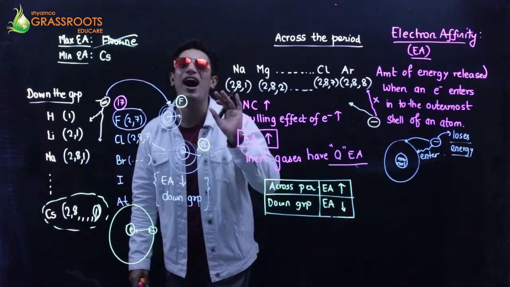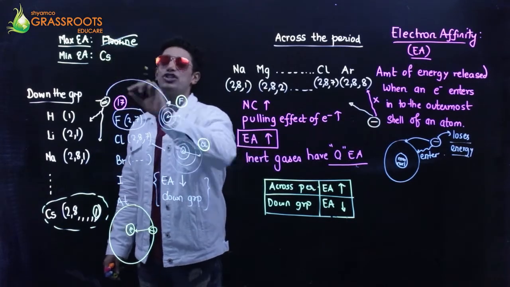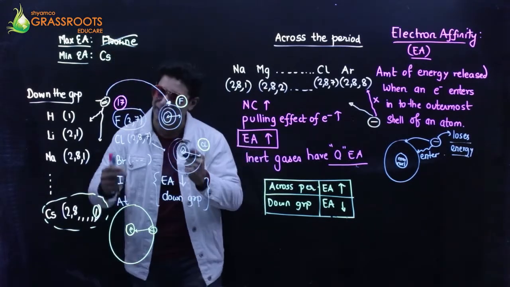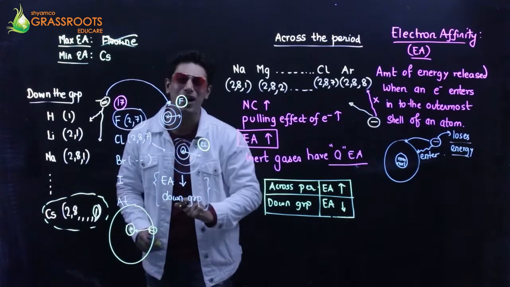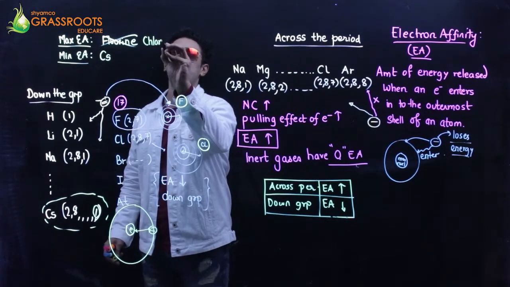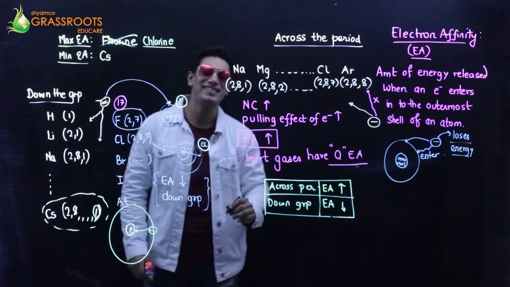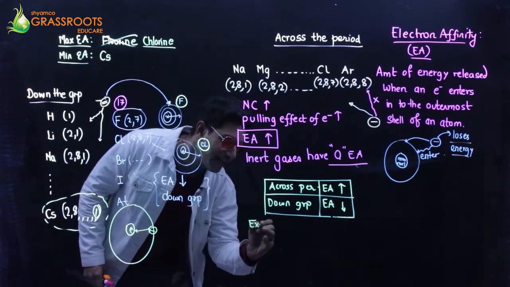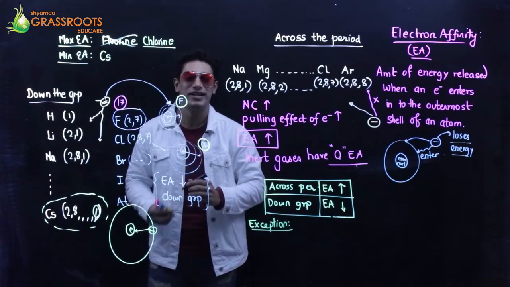There is no harm to it. Now look at the exception. It should have been fluorine, the maximum pulling power. Undoubtedly, I have taught the same thing. But the answer is chlorine. Now this is a twist, like a movie. This is an exception. Ideally, it should have been fluorine, but no, it is chlorine.